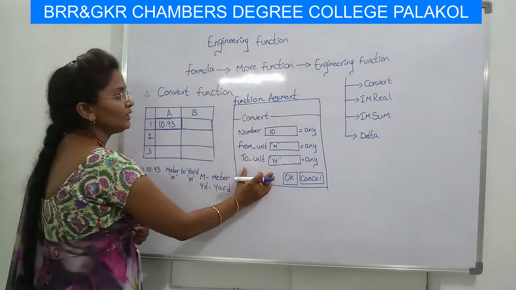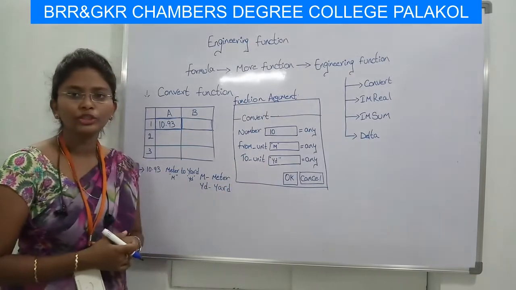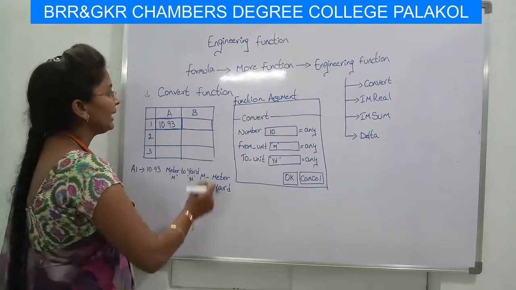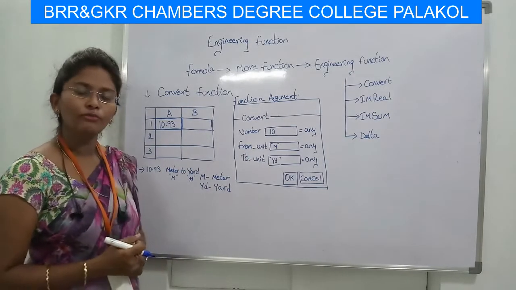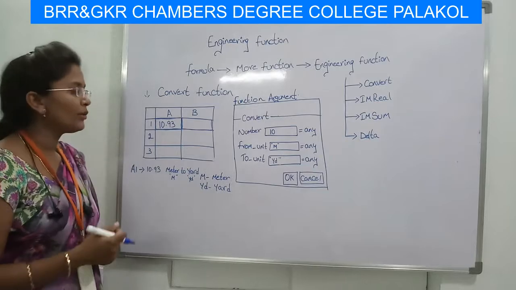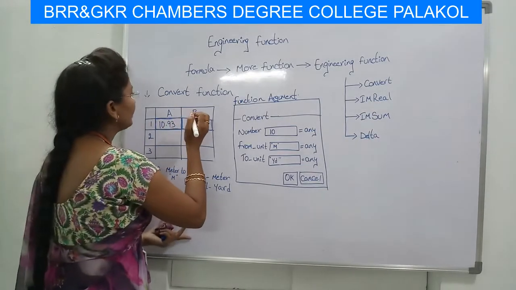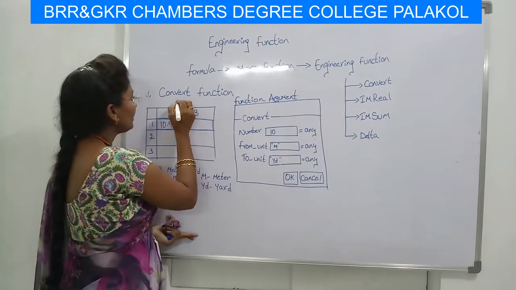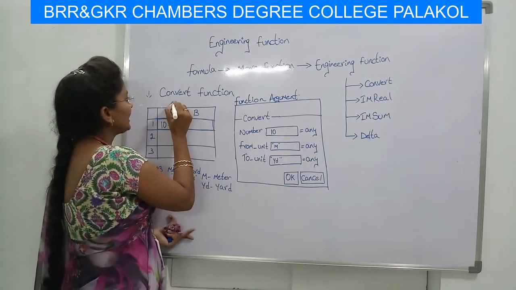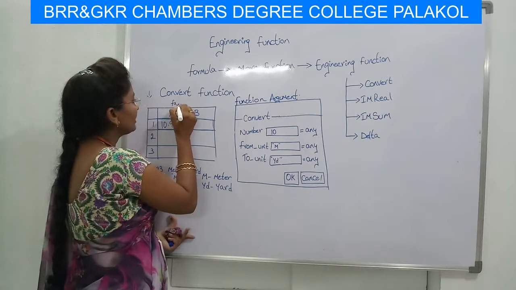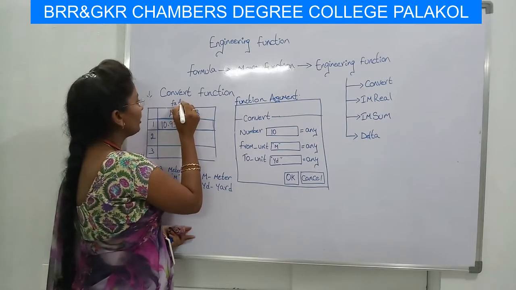This is one way to open the convert function dialog box, or you can enter the function in the formula bar also. How can you enter the formula in the formula bar? Above the column headers you can see the formula bar.